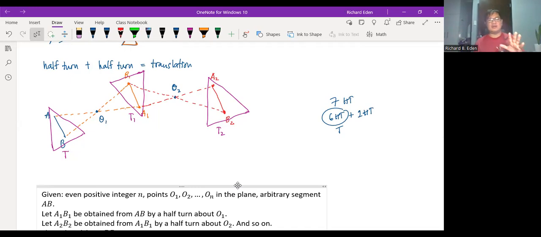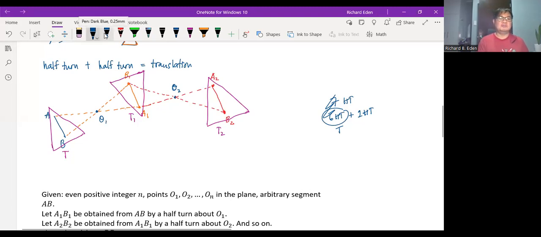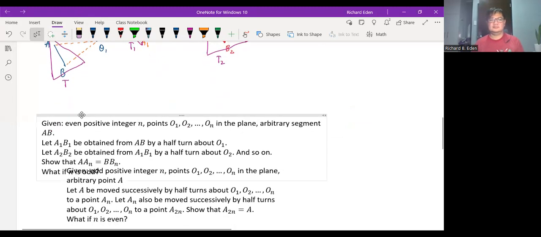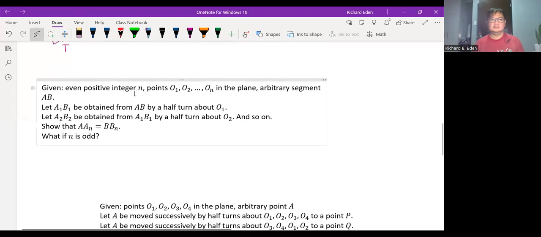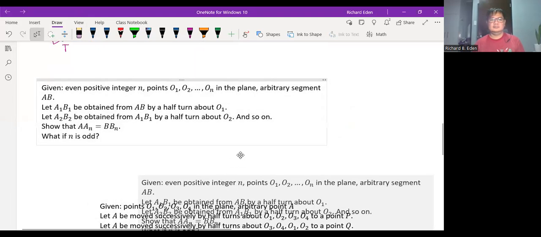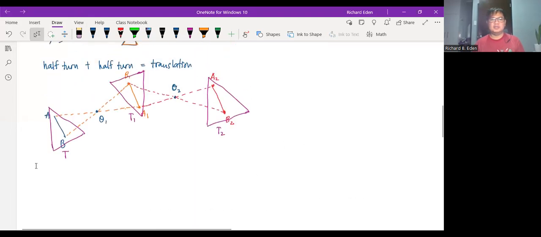Oh, also, however, before we leave this, what I want us to think about is, what if we do a half turn at O2 and then at O1, where we would be going back.